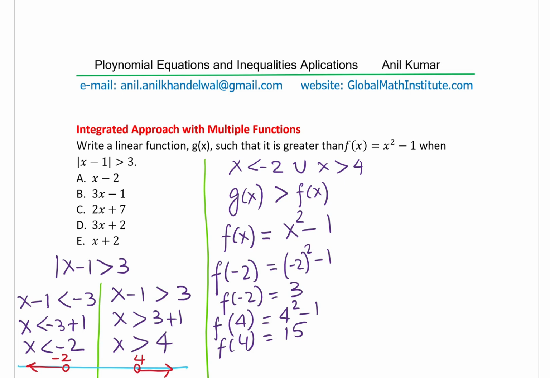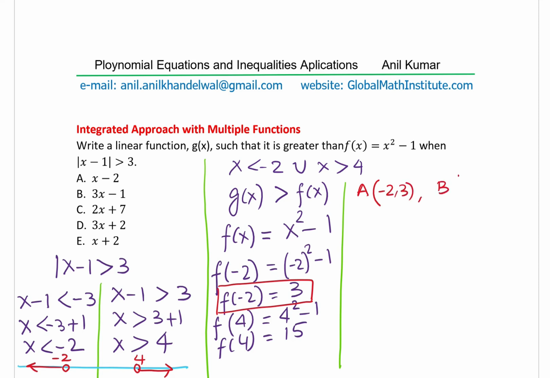So we get 2 different points, and let me write down the points in a different ink. We'll call them point A and B. Point A for us is right there, which is for x equals minus 2, the y value is 3.